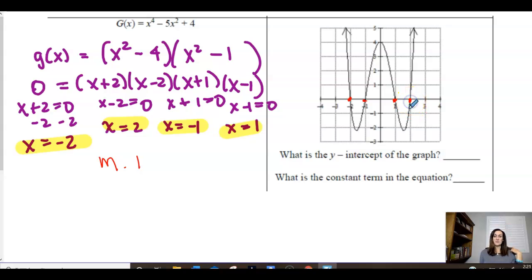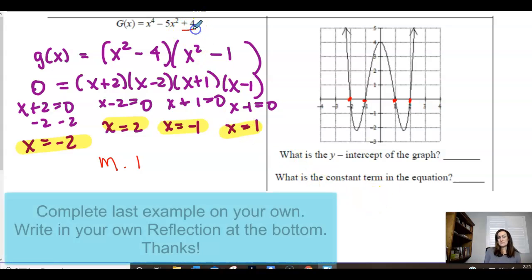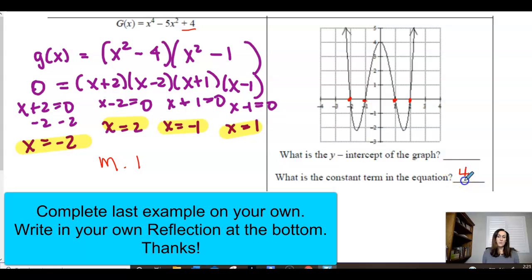It swishes through the point or the 0. Looking at the constant term is 4. And what's the y-intercept? Here's the y-axis. So the y-intercept is right here, and the y-intercept is also 4.